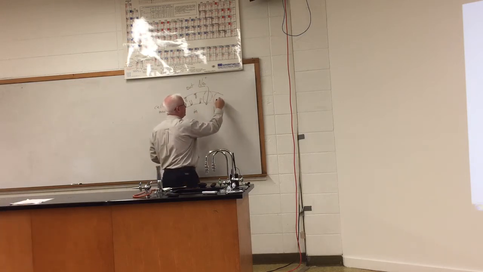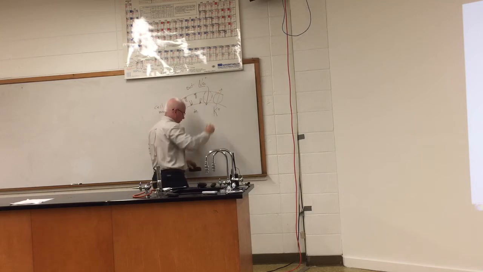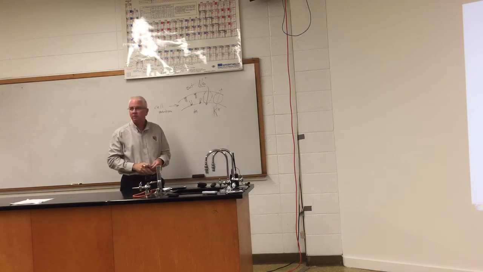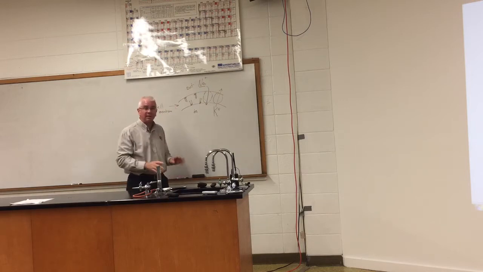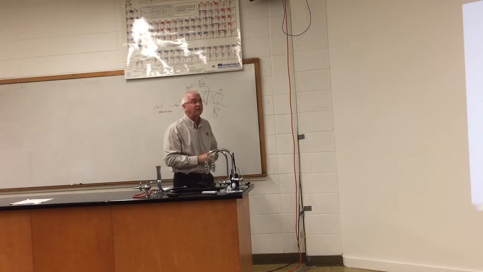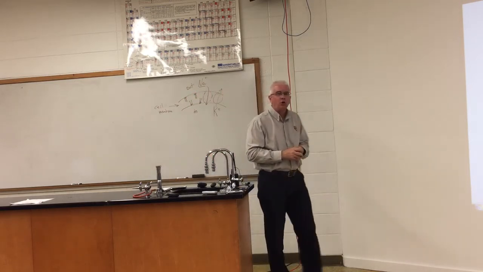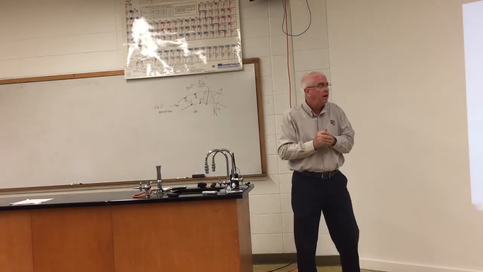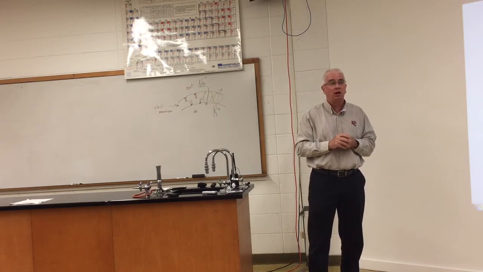How does potassium get across the cell membrane? And the answer is, potassium passes through proteins. Now, if this doesn't happen, your brain doesn't work. If this doesn't happen, you don't get signals sent to muscles. And if this doesn't happen, your muscles will not contract.